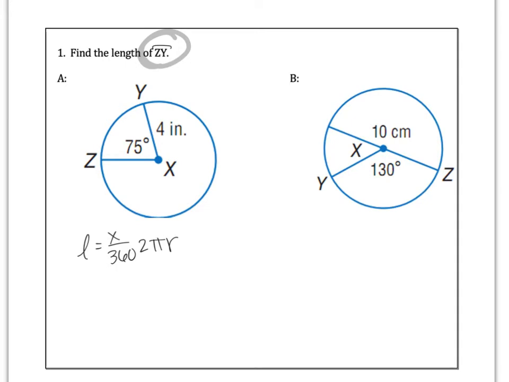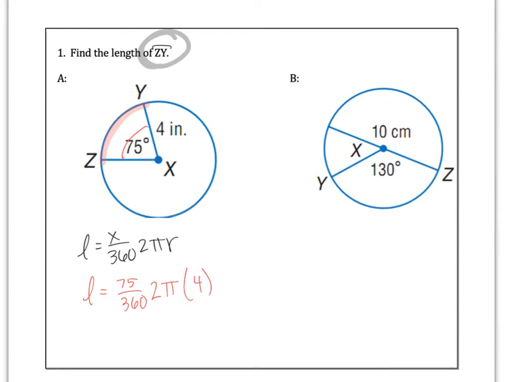We're trying to find the length of arc ZY, this arc right here, how many inches that arc is. So for x, we're going to put in the 75. L equals 75 degrees out of 360, since 360 would be the whole circle. 2 stays 2, pi stays pi. And then when you look at the picture, what's the radius?